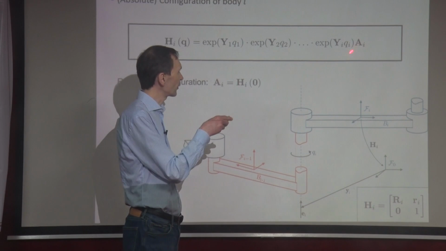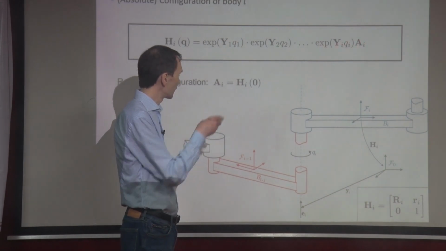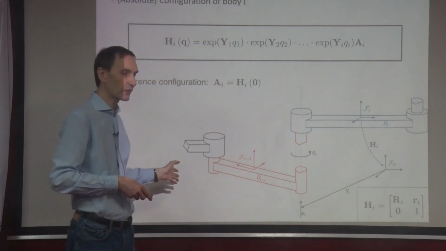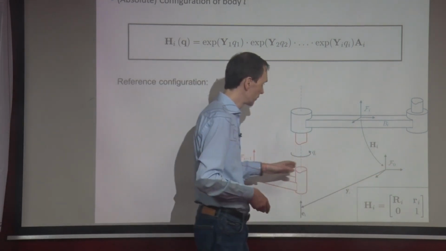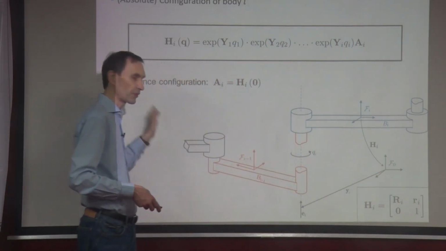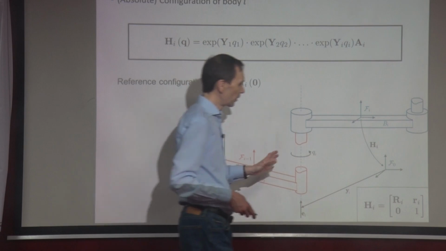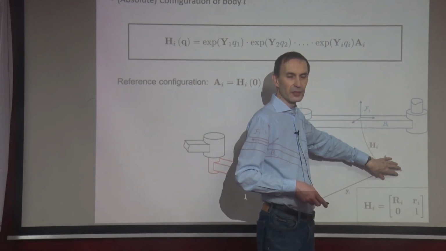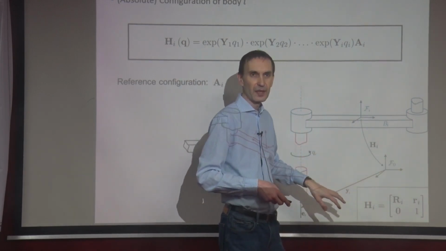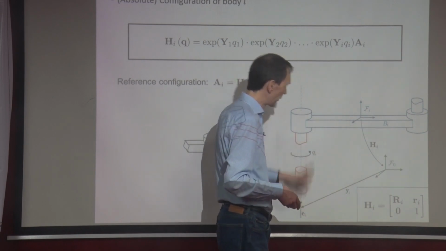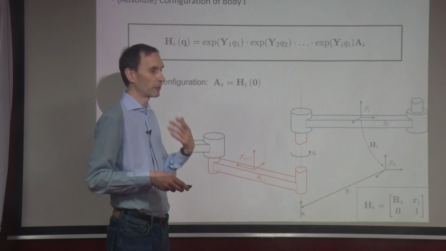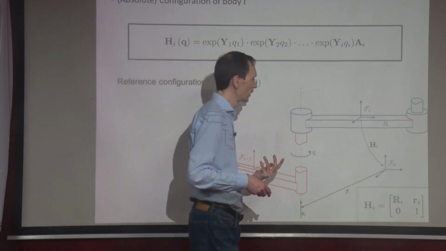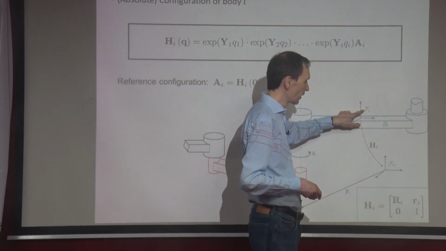So if you look at this one, you have essentially described what happens to the inertia frame due to the motion of all the joints. Eventually, I'm not interested in the motion of the inertia frame. So finally I have to relate that motion to what I'm interested in, which is the motion of this frame.